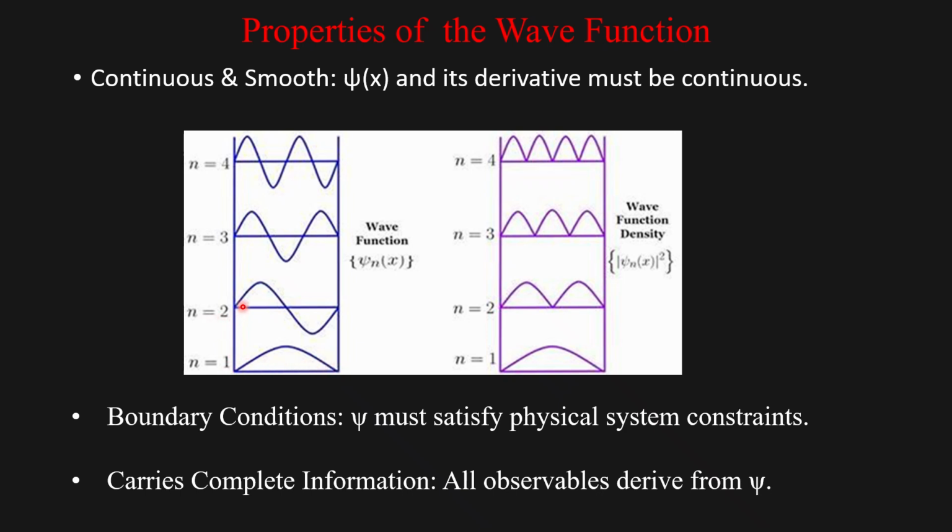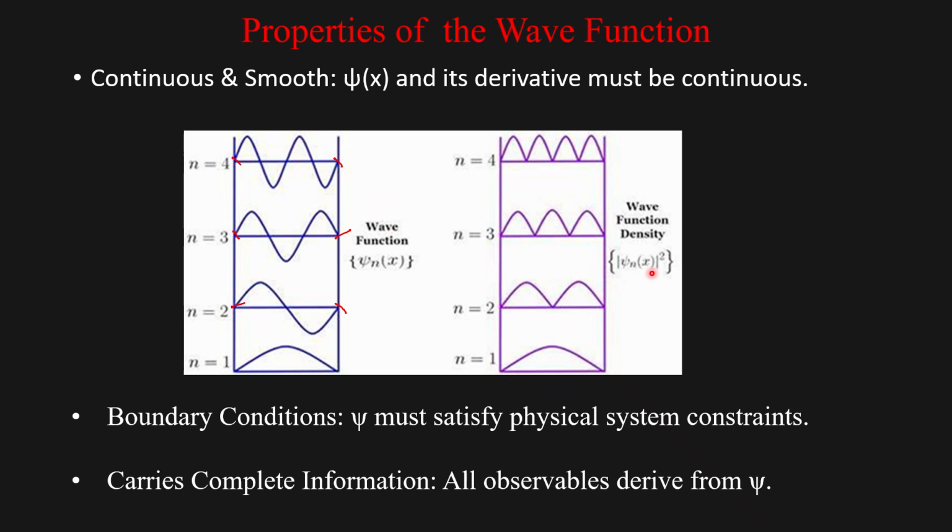If n equals 2, it also vanishes at the boundary, however the frequency is doubled. If the frequency is tripled, n is 3, in that case also it must be 0 at the boundary, and this 0 continues to infinity, because outside the wall also. So this is the meaning of continuous: the wave function and its derivative must be continuous.